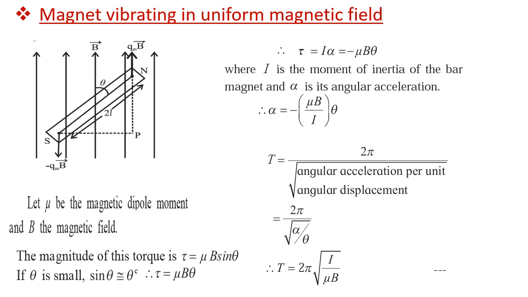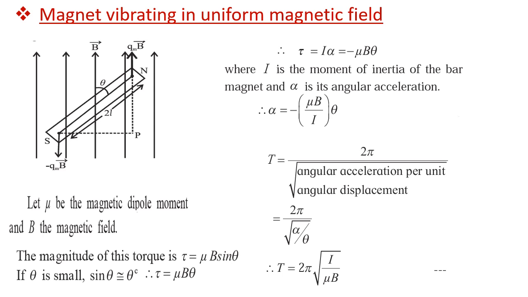If this bar magnet is given a very small angular displacement, then it will keep on rotating about an axis passing through the center and perpendicular to itself, and then it performs angular oscillation or angular SHM.